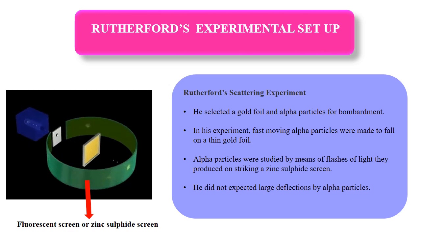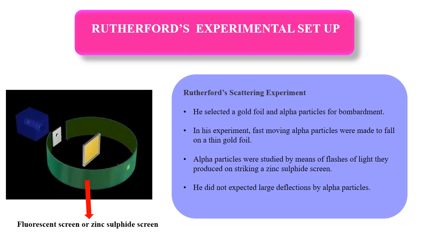In this experiment, fast moving alpha particles were made to fall on a thin gold foil in vacuum. For the experiment, he selected a gold foil because he wanted as thin a layer as possible. This gold foil was about 1000 atoms thick.